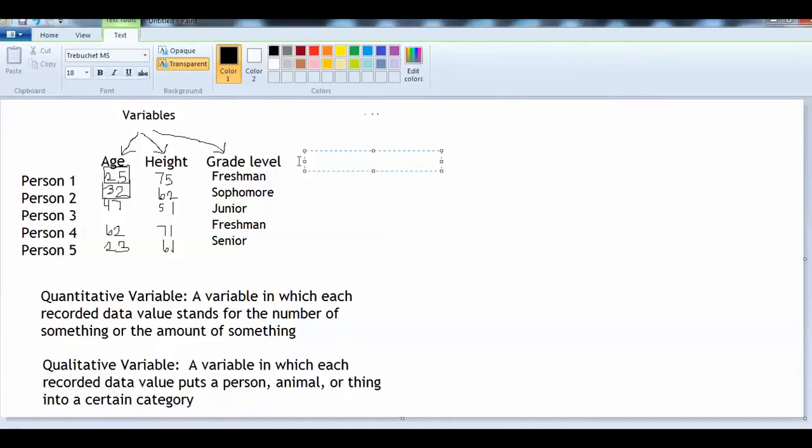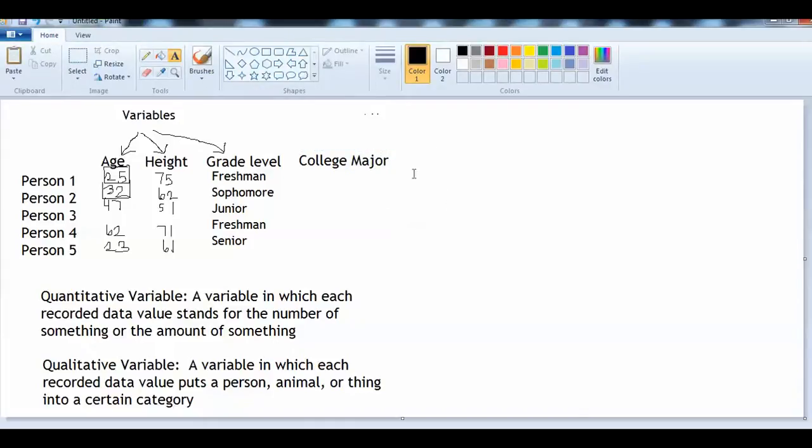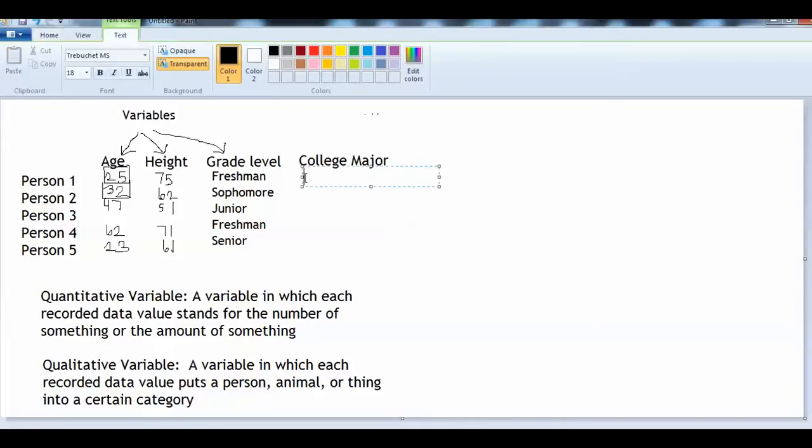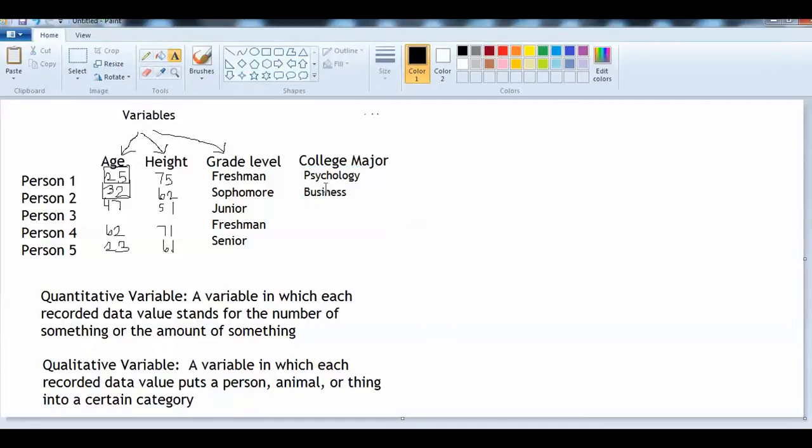What about college major? If we were asking each person, what's your major in college? That would be qualitative. Because if a person says psychology or business, these answers, or these data values such as psychology and business, don't show the number of something or the amount of something.